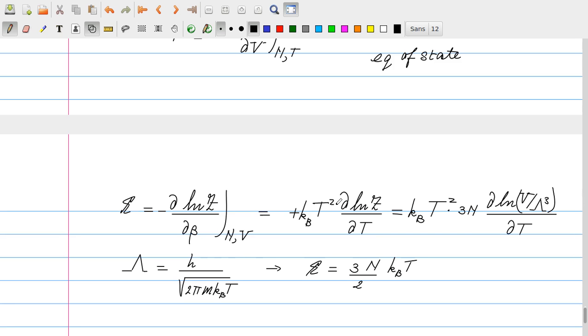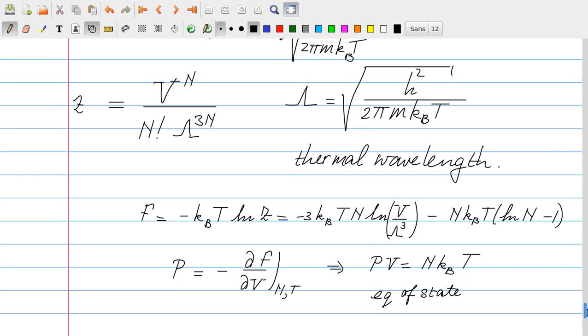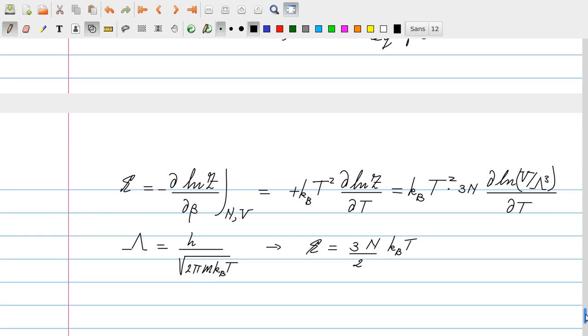Now the ln Z, we know that Z, we have just calculated that, that's V to the power N divided by N factorial lambda to the power 3N. So let's put that in.